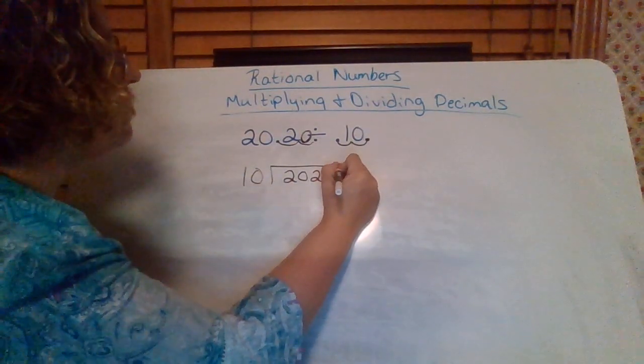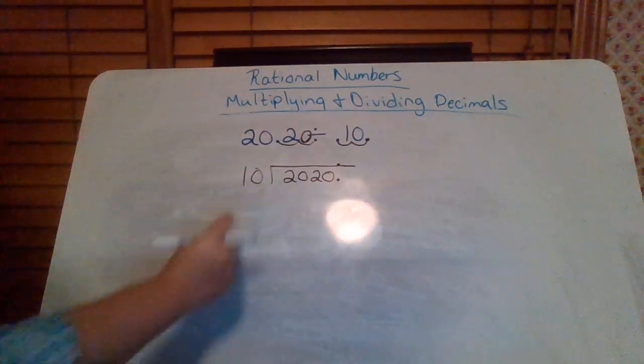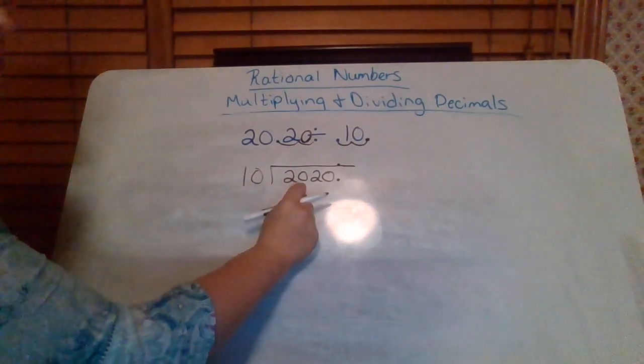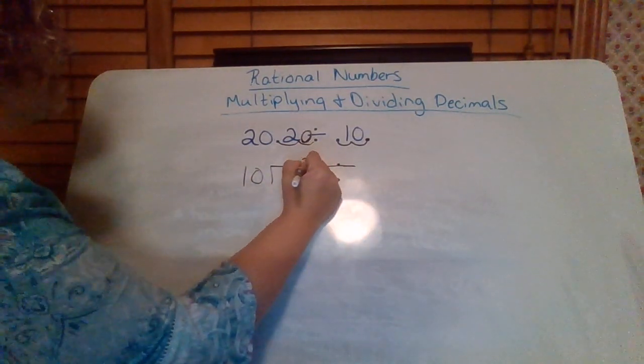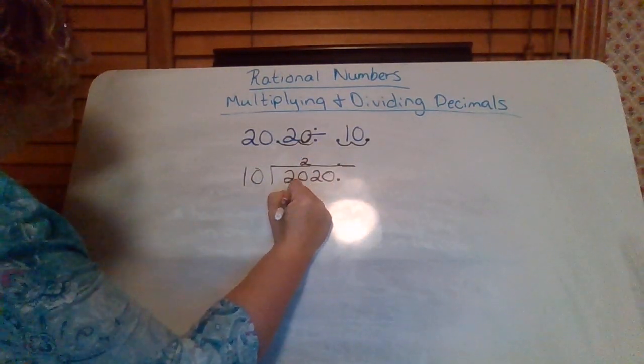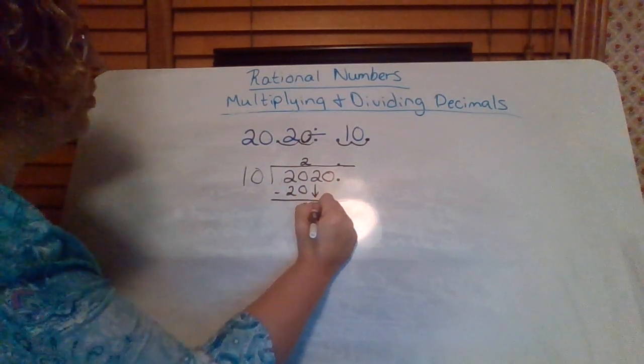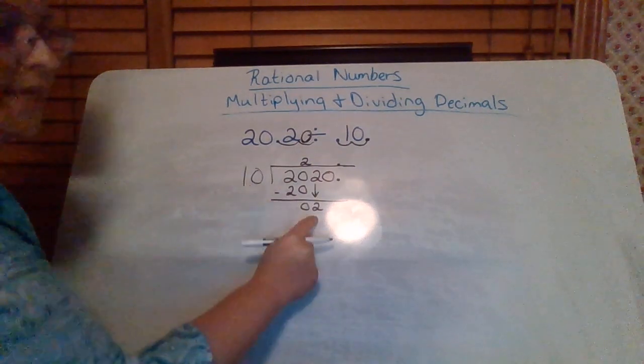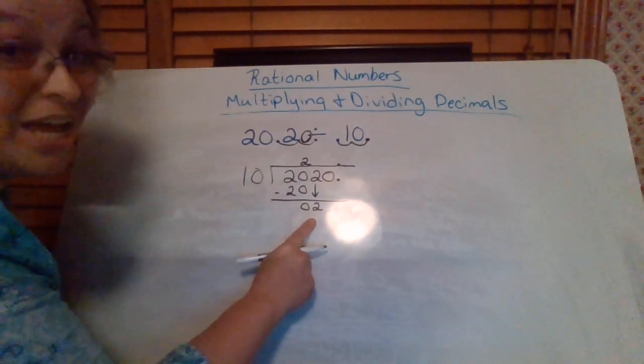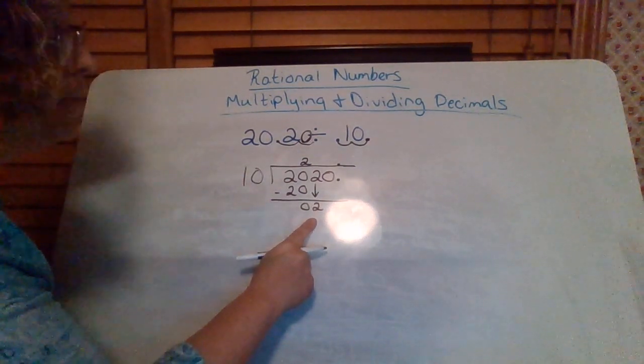All right, bring your decimal straight up. How many times does 10 go into 20? Twice. We're going to subtract 20. Gives me a 0. Bring down a 2. How many times does 10 go into 2? Last time I checked, 10 didn't go into 2 because 10 is bigger than 2.